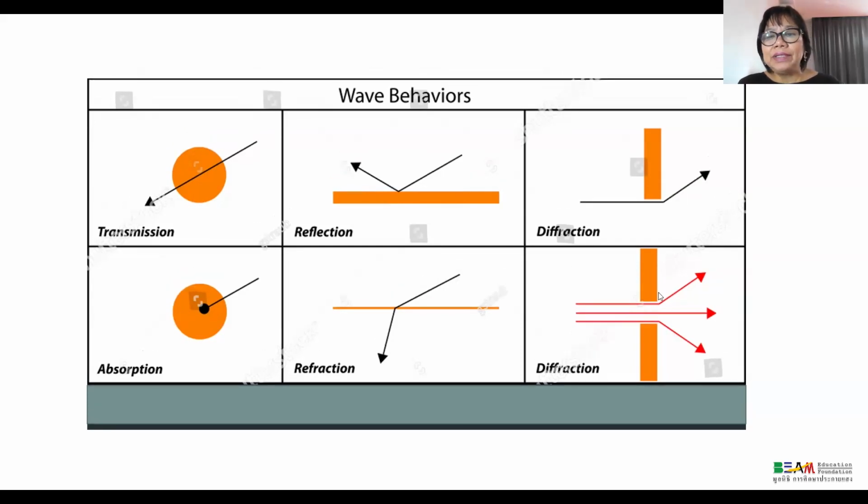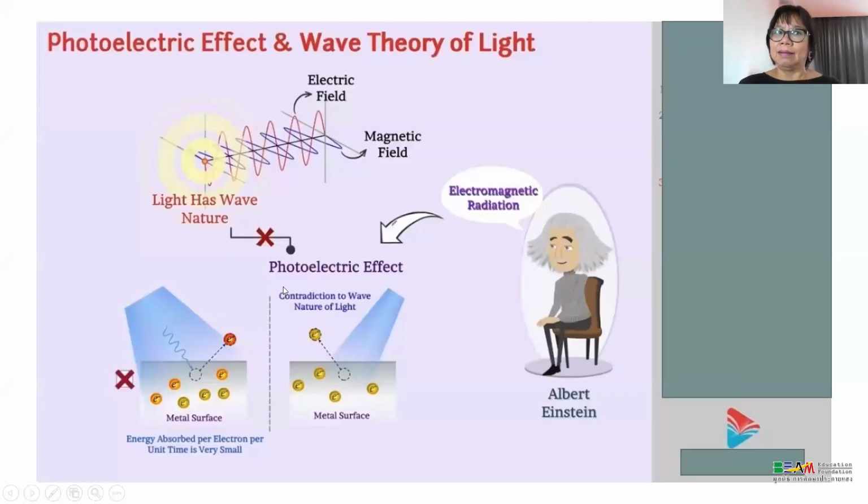Now we're going to look at the particle behavior. Like I said, Einstein explained it. Particle behavior means light is made of particles. According to Einstein, the photoelectric effect means that if you shine light on certain metal, electrons from the metal come out as an electric current.